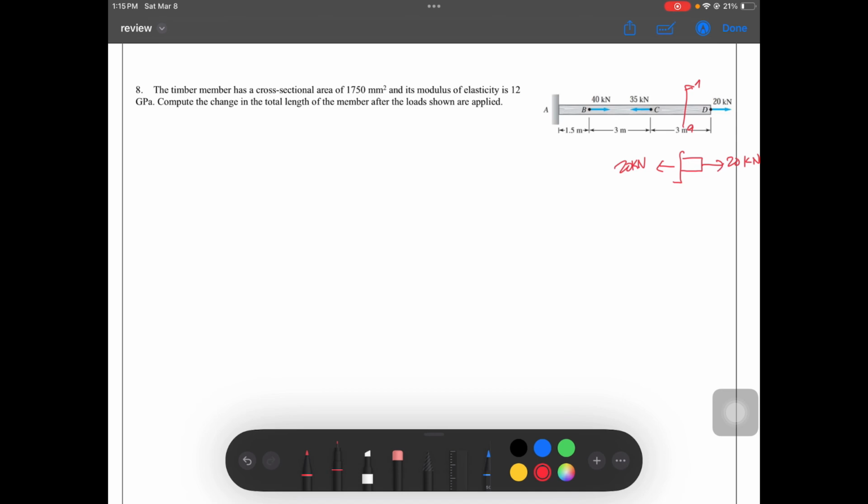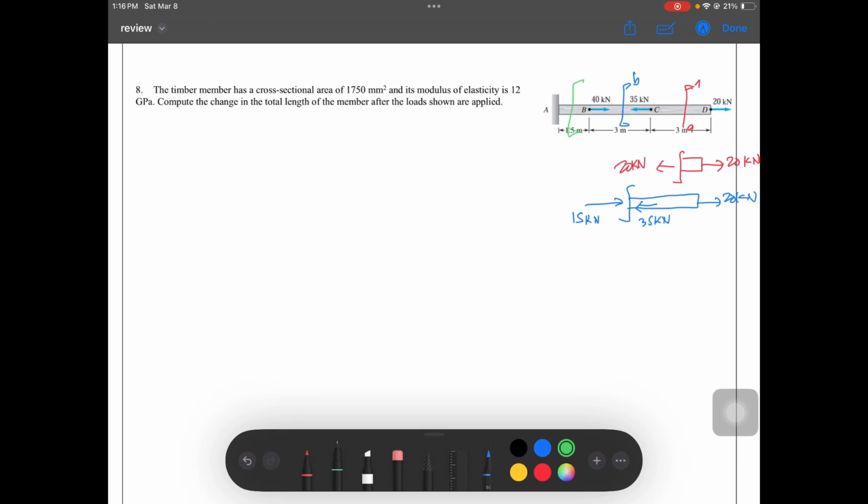So, for section B, so that will be isang buong ganyan. So, 20 kilonewton. And then dito, meron kang 35 kilonewton. To be in equilibrium, kailangan meron kang force na ganon. So, this is 15 kilonewton.